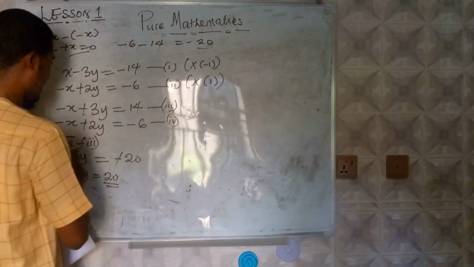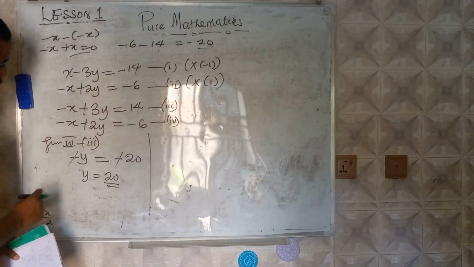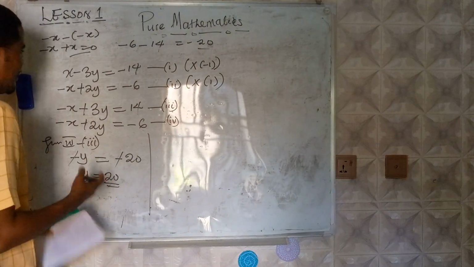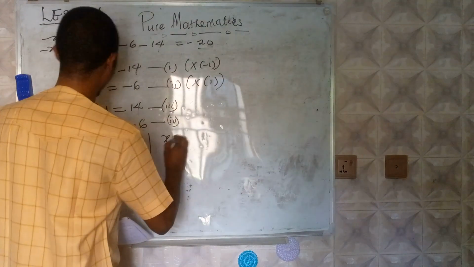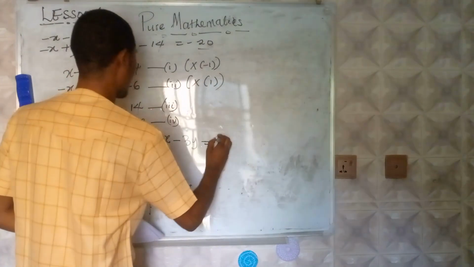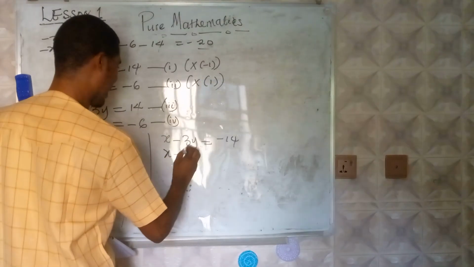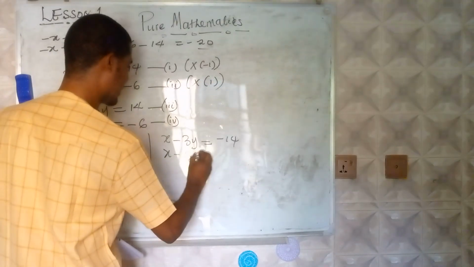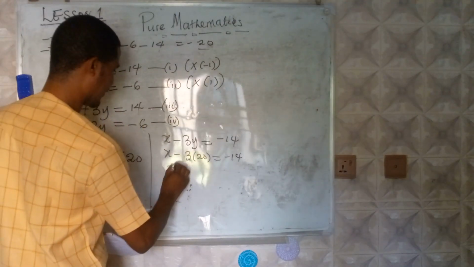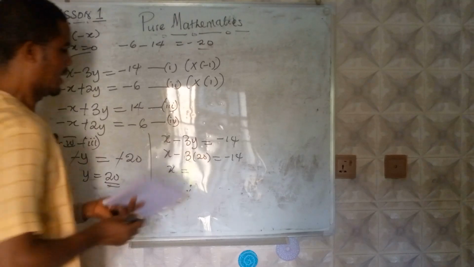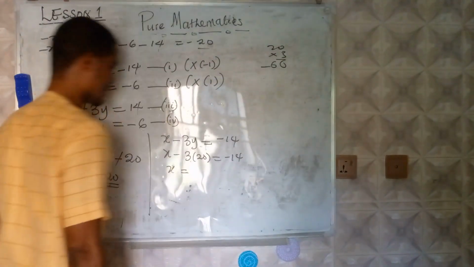Okay, in that case, I can now find the value of x. I'll put 20 into any of the equations I like. Remember, I like using equation 1. So I go with equation 1. I have x minus 3y equals minus 14. I already have y to be 20, so I have x minus 3 times 20 equals minus 14. So x equals 3 times 20, which is 60.